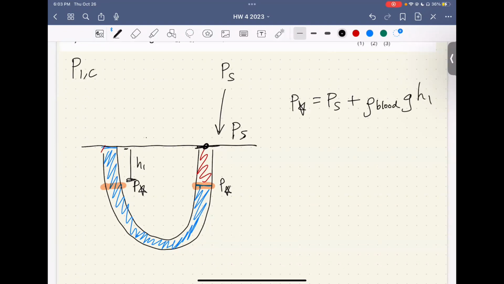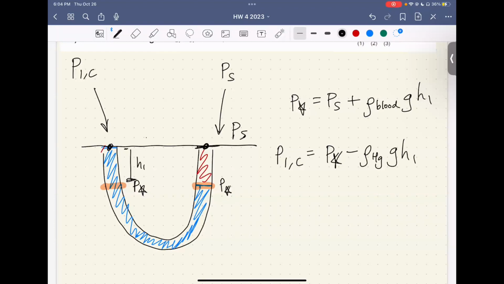And up here, this is going to be P1C, the catheter pressure. Because we're going down and up, that's why it's negated. So P1C is equal to P star minus rho mercury, Hg, G H1.